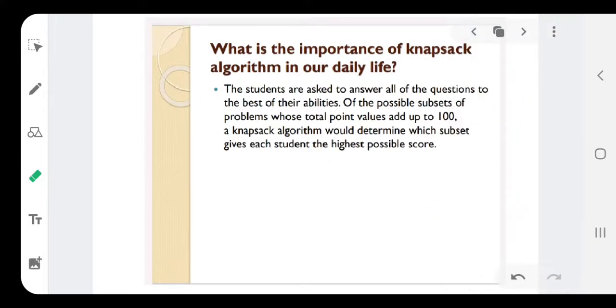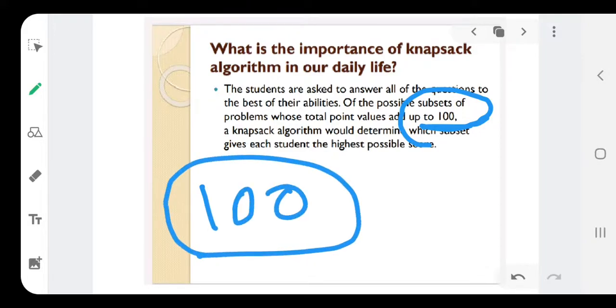Now we'll see the importance of the knapsack algorithm in our daily life. Students are asked to answer questions to the best of their abilities. One possible set of problems has total points adding up to 100, so the student can choose the questions that give the maximum point value of 100.